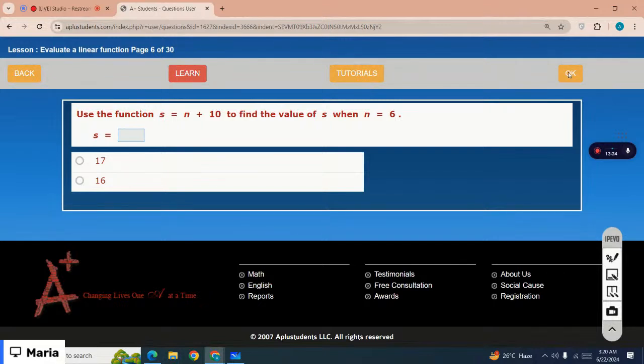Use the function s equals n plus 10 to find the value of s when n equals 6. So which is the correct option?